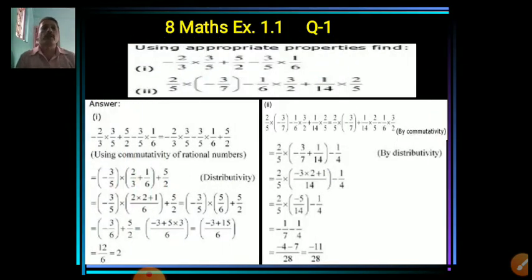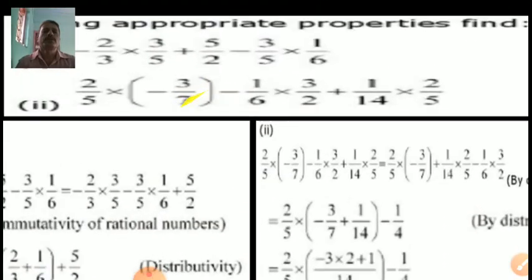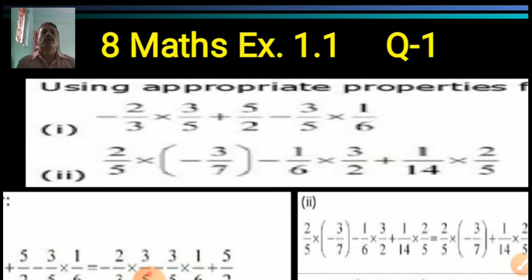Question number 1. Question is saying us like this way. Using appropriate property, find first minus 2 upon 3 multiply by 3 upon 5 plus 5 upon 2 minus 3 upon 5 multiply by 1 upon 6.